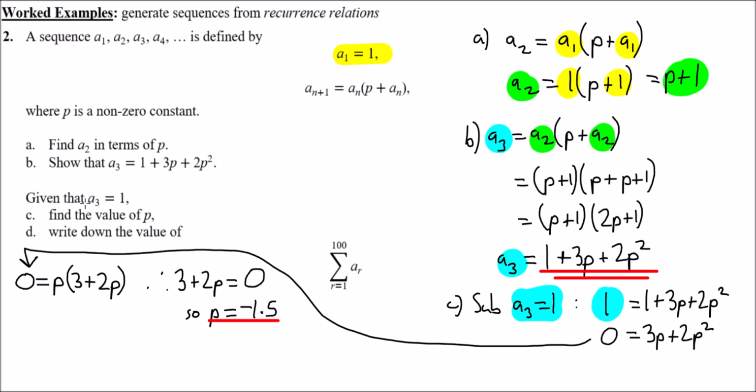Then for part D, you need to write down the value of the sum from r equals 1 up to r being 100 of ar.